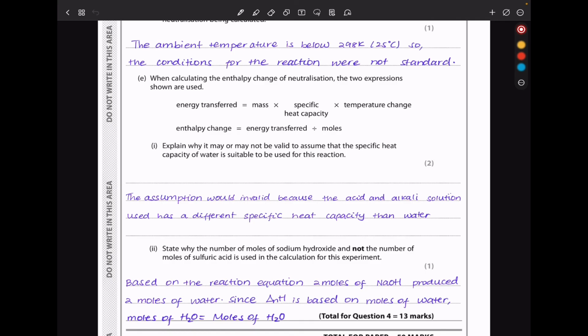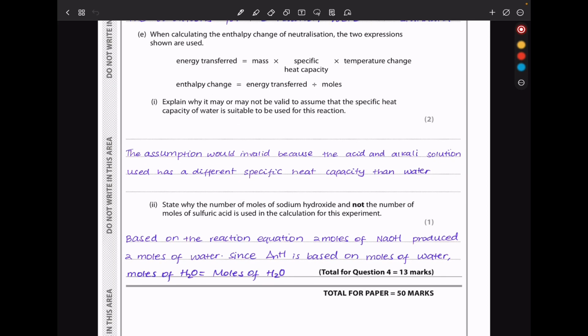And in part E, when calculating the enthalpy change of neutralization, two expressions are used. Energy transferred is equal to mass times specific heat capacity times temperature change, and enthalpy change is equal to the energy transferred divided by the moles. Explain why it may or may not be valid to assume that the specific heat capacity of water is suitable to be used for this reaction.